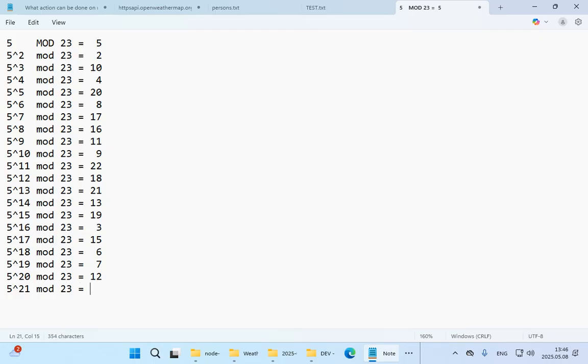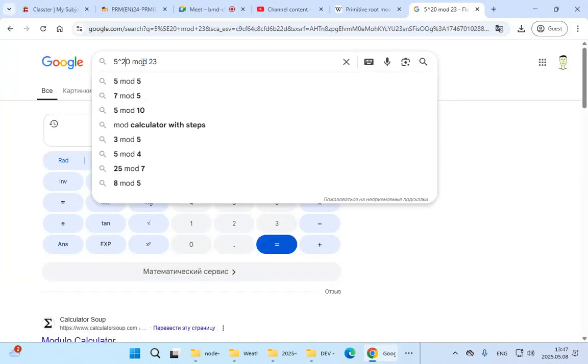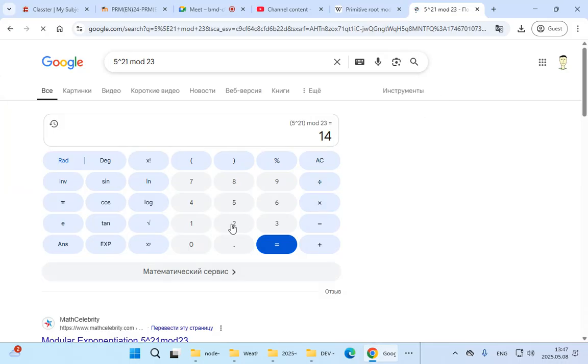So now 5 to the power of 21 mod 23. How much is there? If you take this 21, it's 14, right? 14.